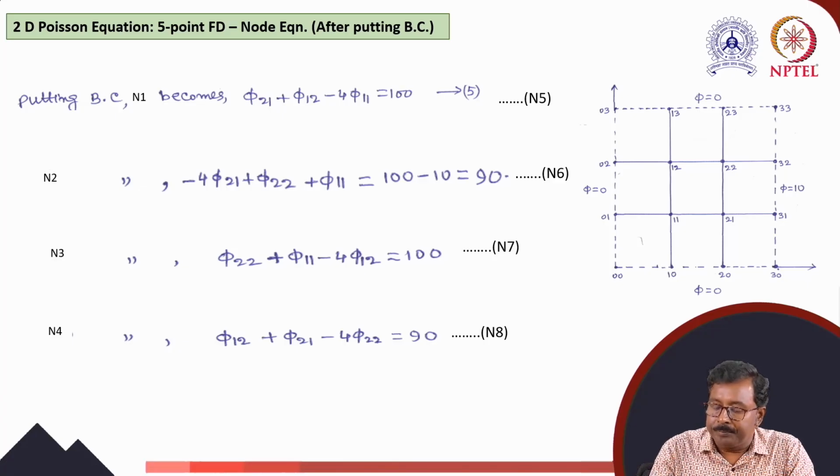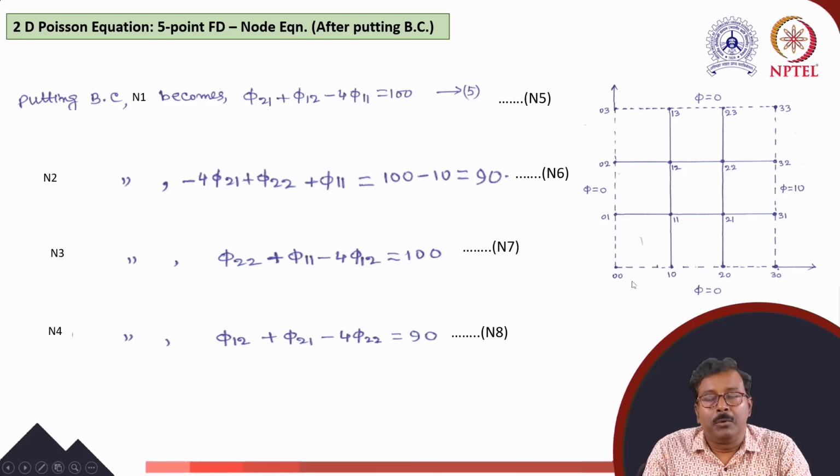Always you have to update the values which are associated with the 4 term. That means for equation n5, you have to find phi 1 1, and for equation n6, phi 2 1. That means the point where you would like to calculate the potential.